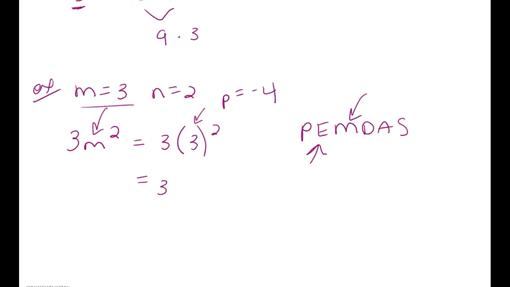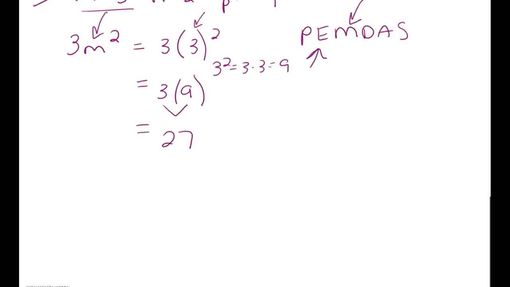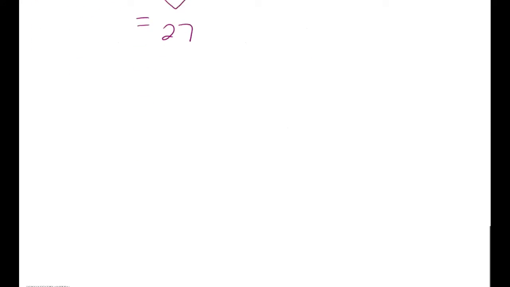That means I have to do my 3 squared first. And 3 squared is the same thing as 3 times 3, which is 9. So I'm going to throw that in my parentheses. And then I can do my final multiplication here of 27. So be very careful as we're making substitutions that then we are applying the correct order of operations.